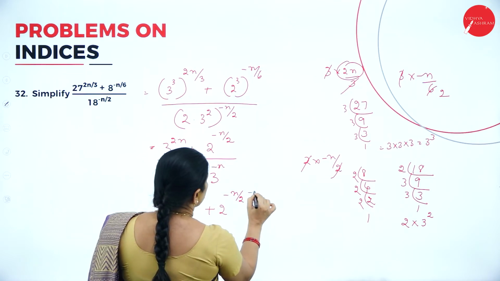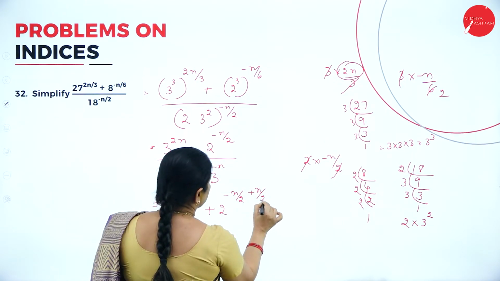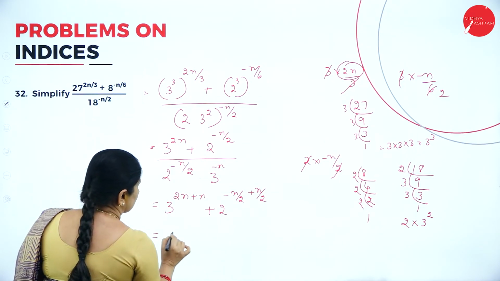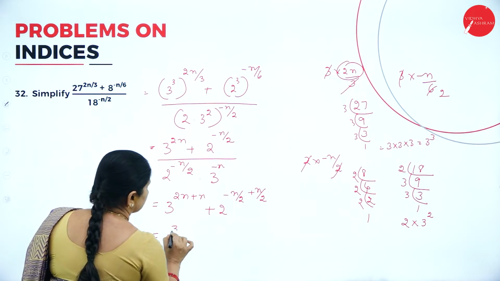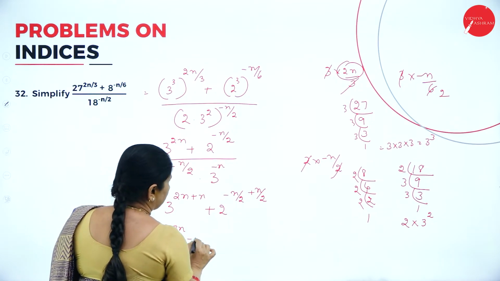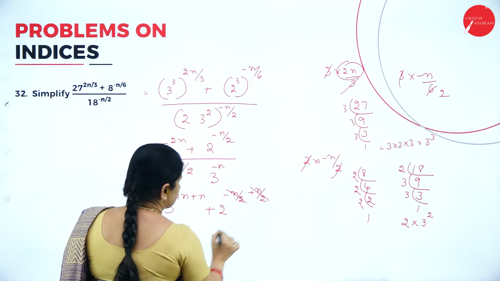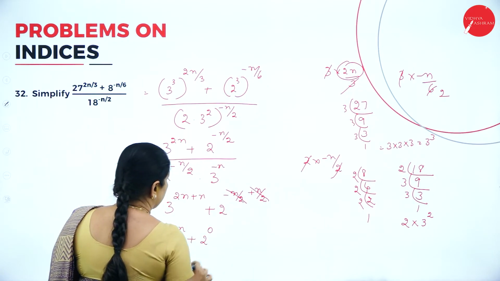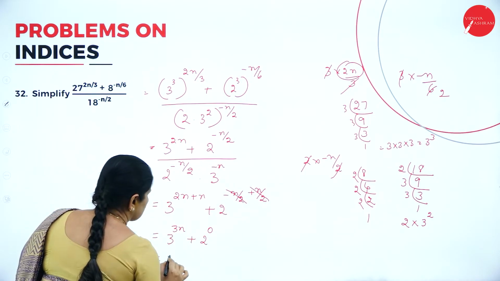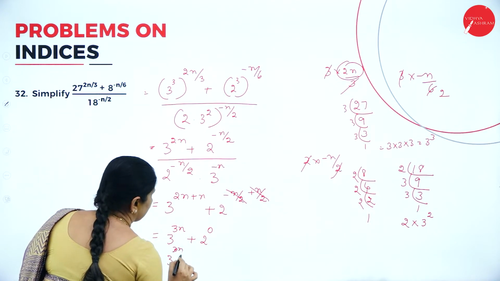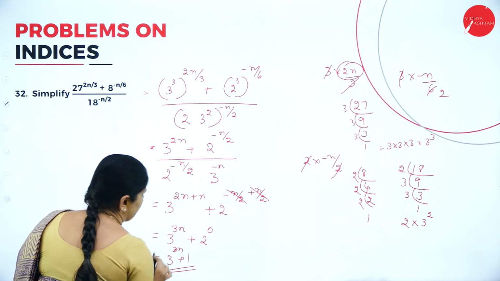So when it goes up, it becomes plus n by 2. So this will be equal to 3 to the power of 3n plus, both of these get cancelled, 2 to the power 0. So 3 to the power of 3n plus 1 is the answer.